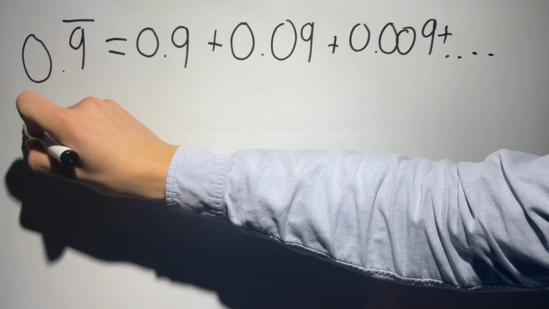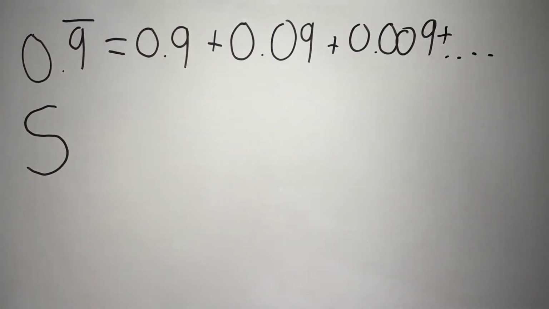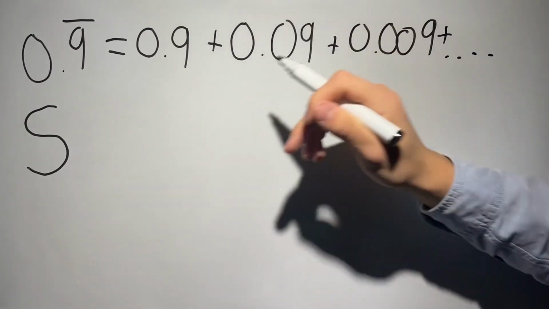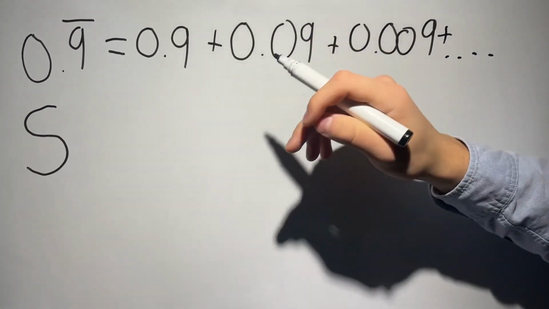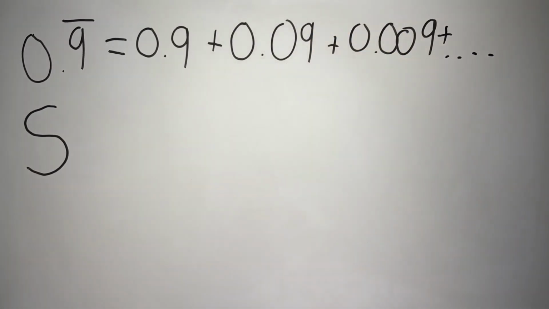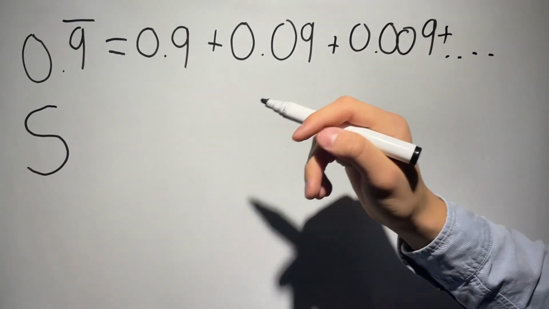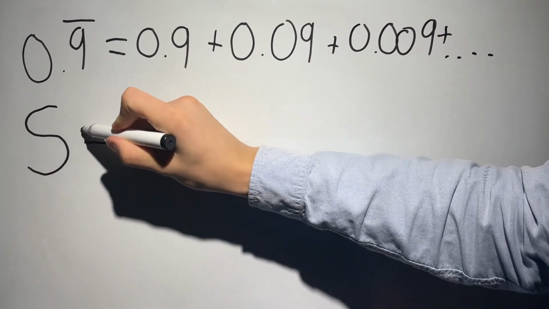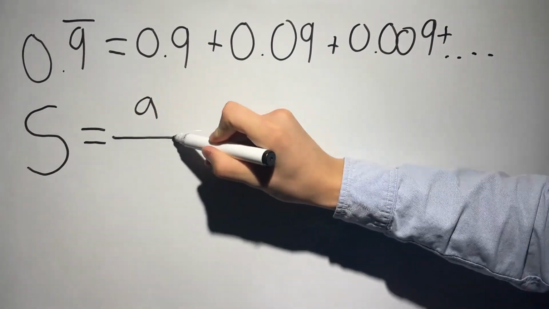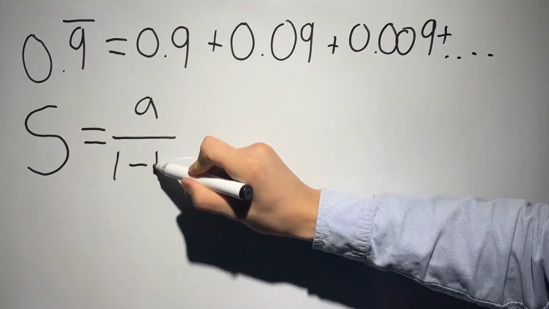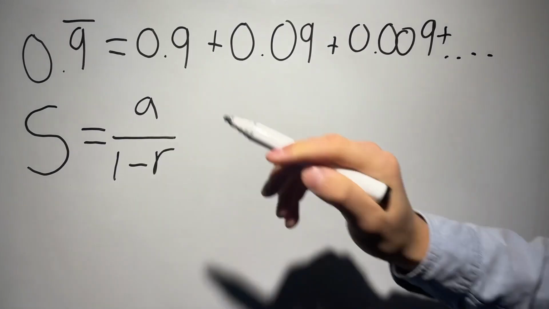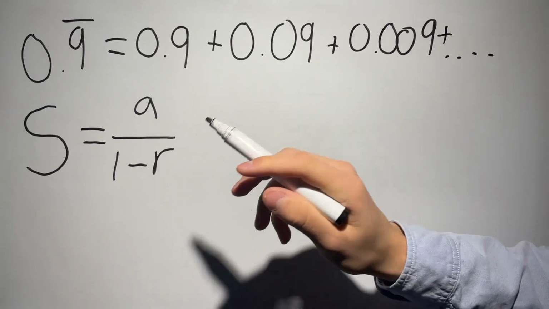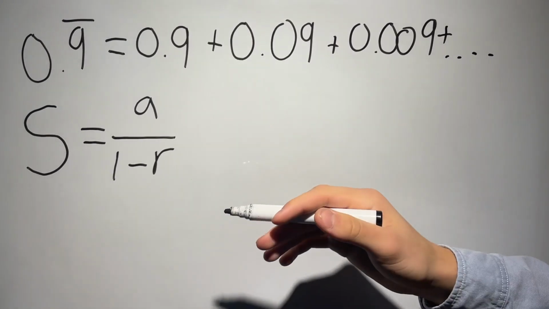Now we can call it S. This is a geometric series with the first term a and a common ratio of 0.1. The sum of an infinite geometric series is given by the formula S equals a divided by 1 minus r, where a is the first term and r is the common ratio.